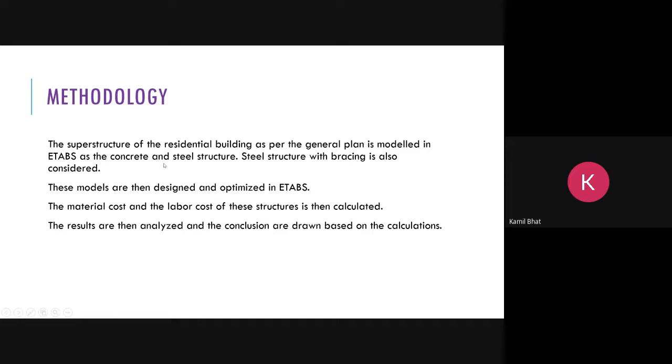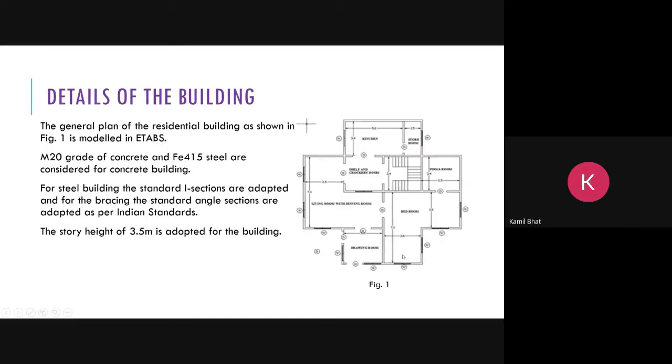First, we take a simple residential building plan and model it in ETABS. Then the model is designed and optimized. Then we calculate material and labor cost as per costs in Chennai. Then we analyze the results. This is the plan of the building which we adopted.